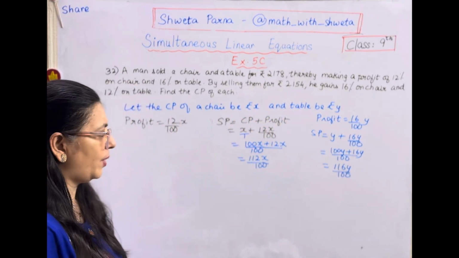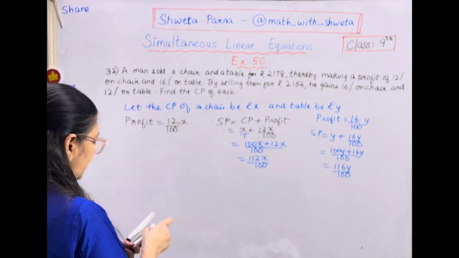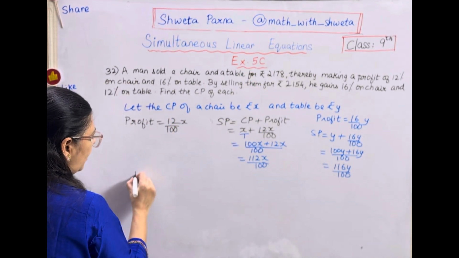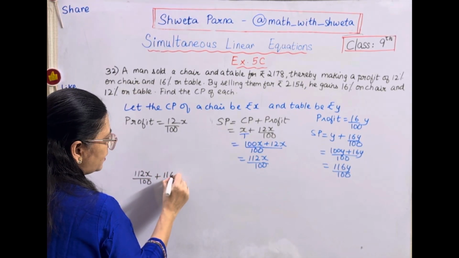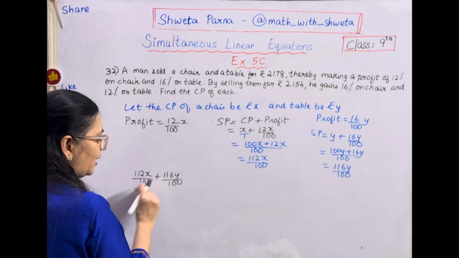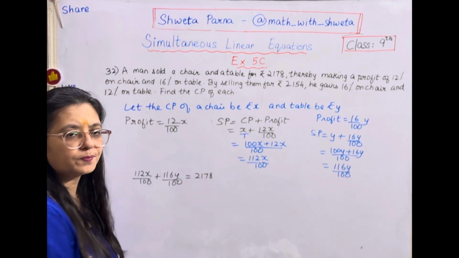This is the selling price. They have given already the selling price of both. So the first equation that we are going to write is 112x upon 100 plus 116y upon 100. Selling price of both is equal to 2178.